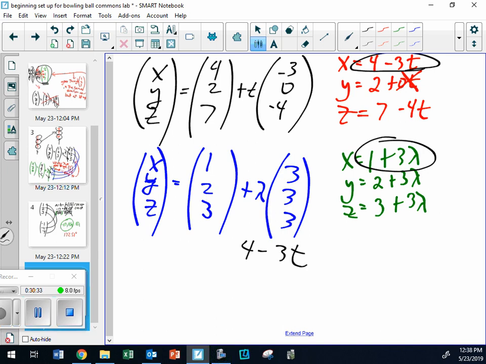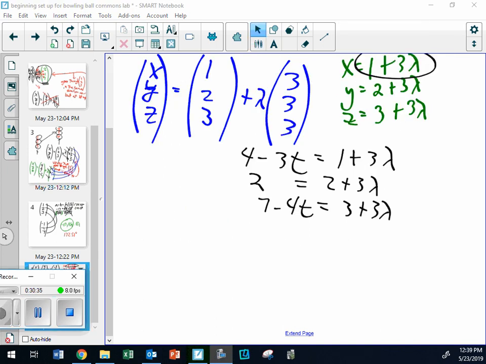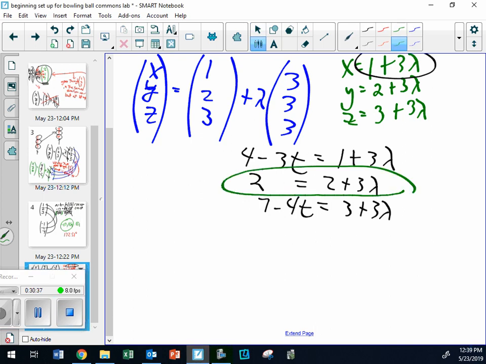I'll pause while I set these up. Okay. So that one is the key one because it's awesome because it's only got one variable. So I hope you noticed that one. And then when you solved it, did you get lambda equals 0? Raise your hand if you had. Lambda equals 0. Awesome.